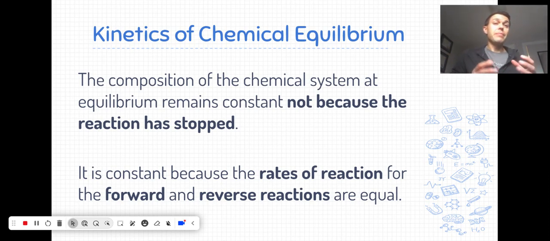Chemical equilibrium may appear on the macroscopic level as if it's static or is stopped, but on the molecular level, the reactions are still going. It is dynamic. The reason why the composition of the equilibrium system remains constant is because when the system has reached chemical equilibrium, the rate of the forward reaction equals the rate of the reverse reaction.